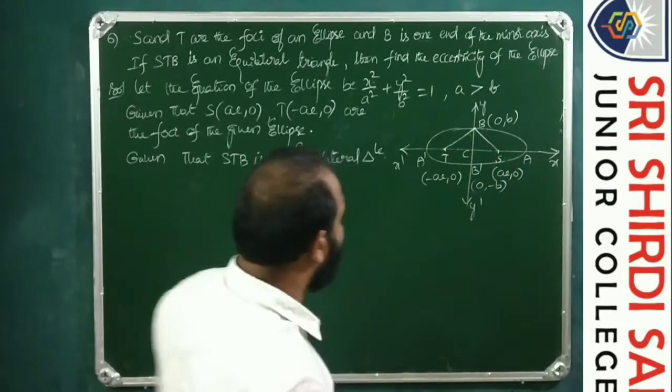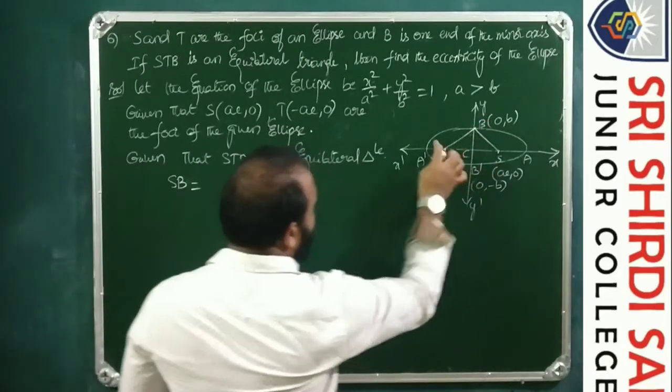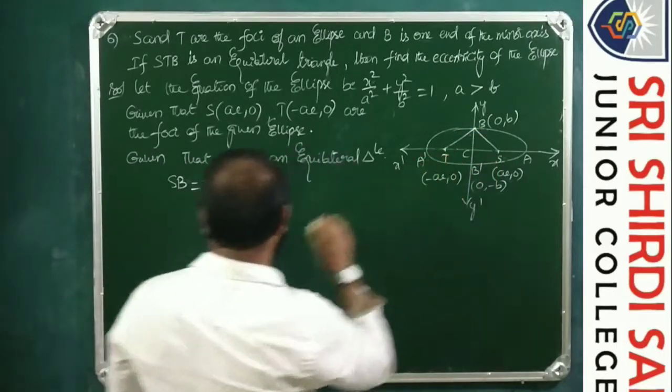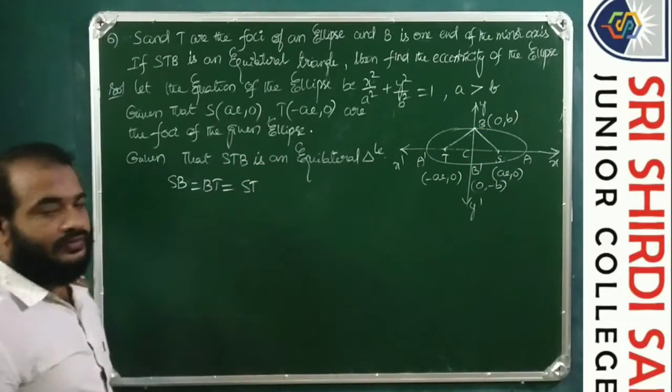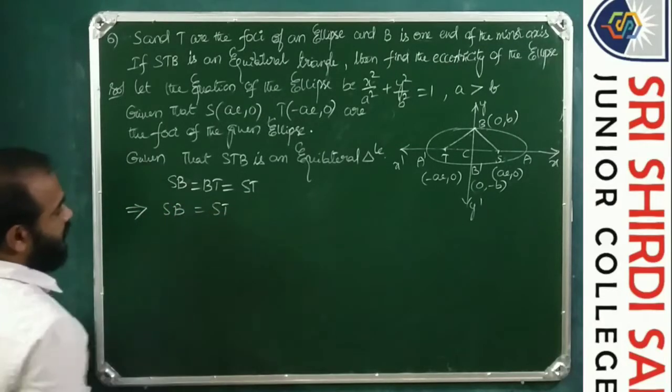So SB is equal to BT is equal to ST. So let us take SB is equal to ST.